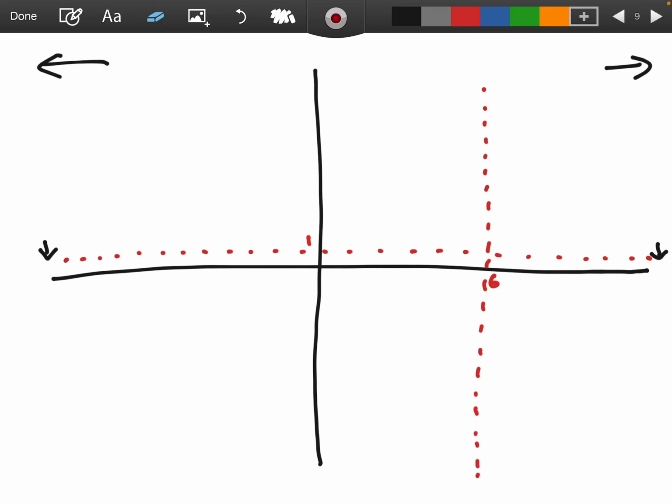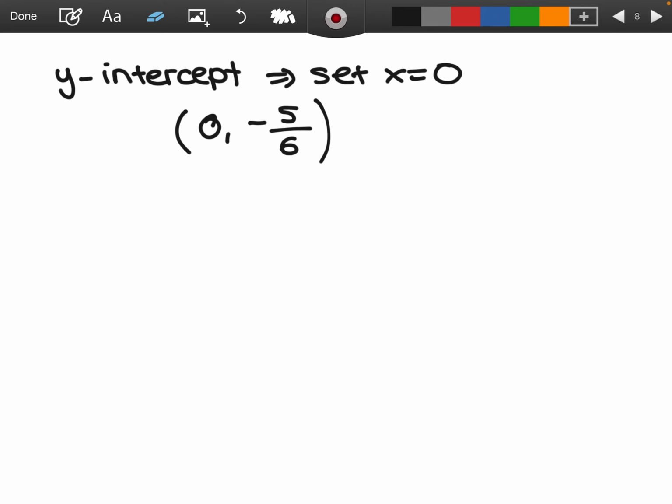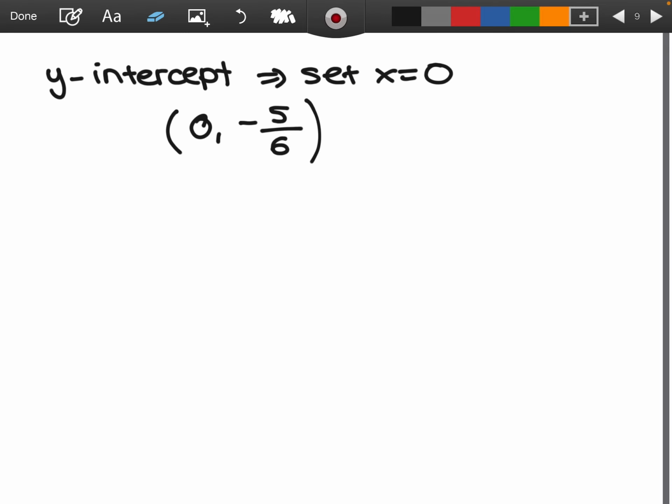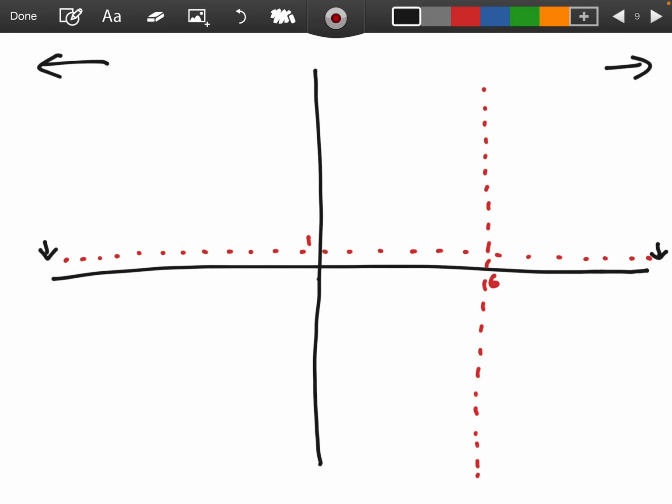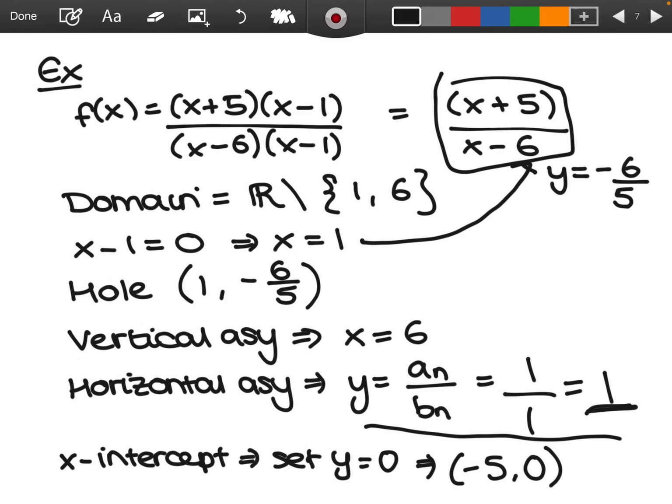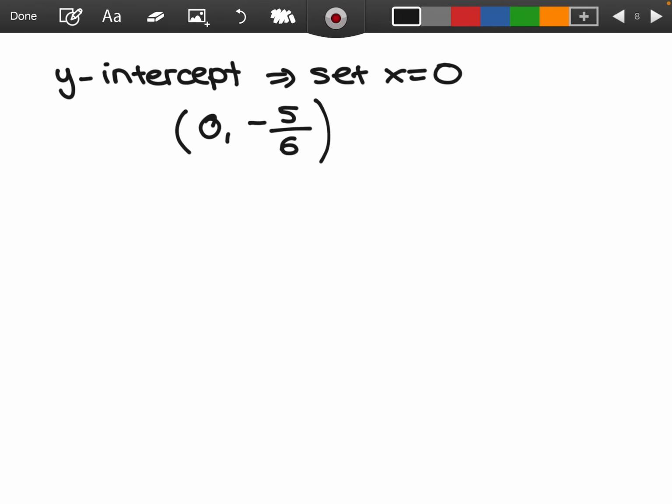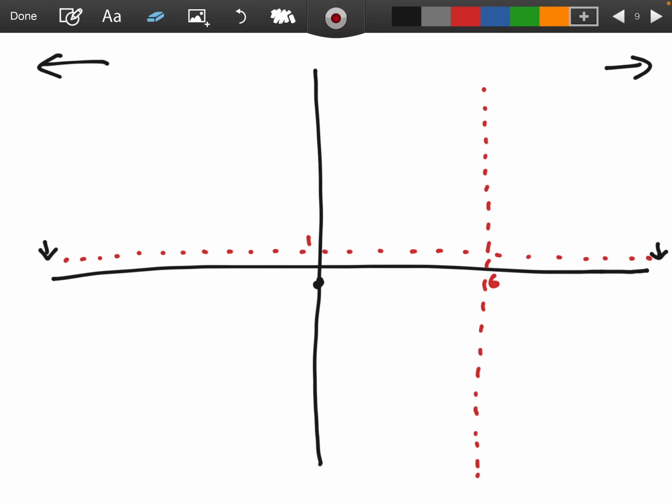So now that I know what the end behaviour of my graph is, I'm going to quickly plot my x and y intercepts, and that should help us with the shape of this graph. We said that our y-intercept, or where we intercept the y-axis, is at 0, negative 5 over 6, which you can say is roughly around there. And then our x-intercept was at negative 5, 0, which we'll say is around there.